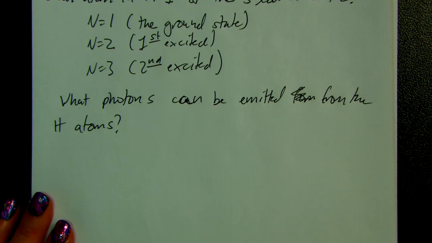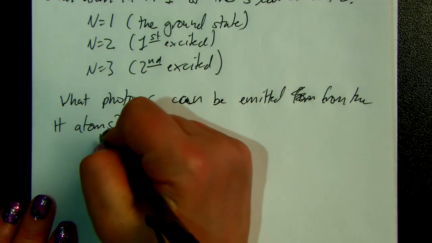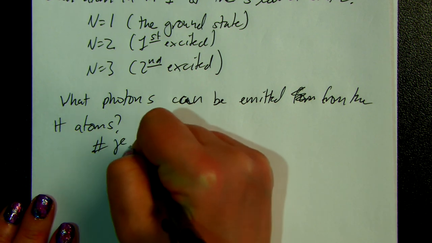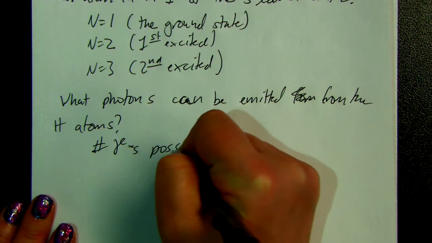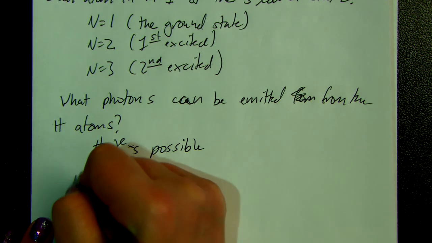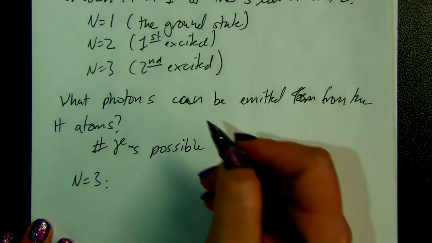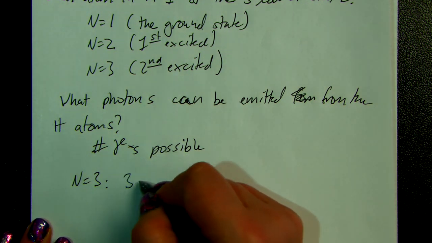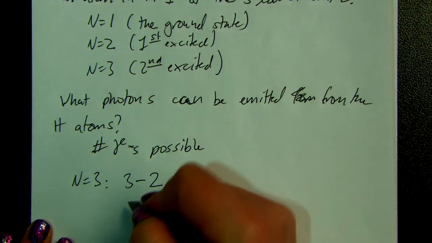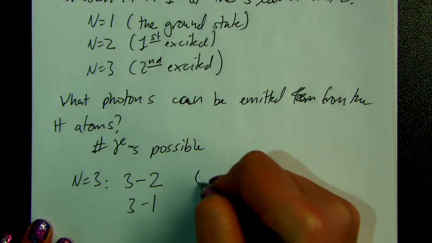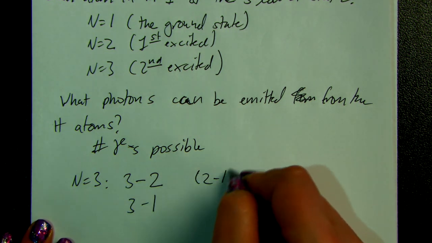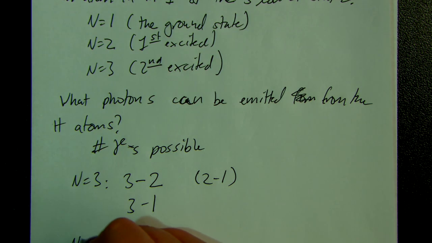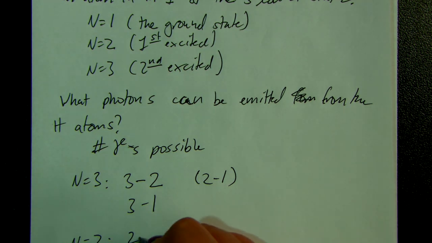Okay. So let's count up the number of photons first. So we have n equals 3. So the third excited state, you could go from 3 to 2, 3 to 1, and then if you go 3 to 2, then you also go 2 to 1. And then for n equals 2, you've got 2 to 1, and for n equals 1, no emission.